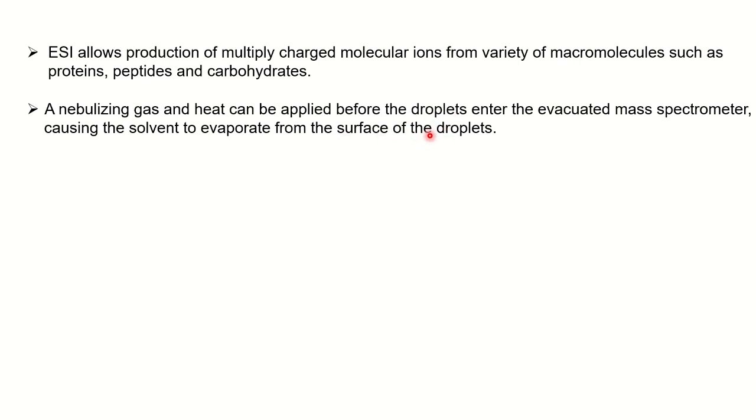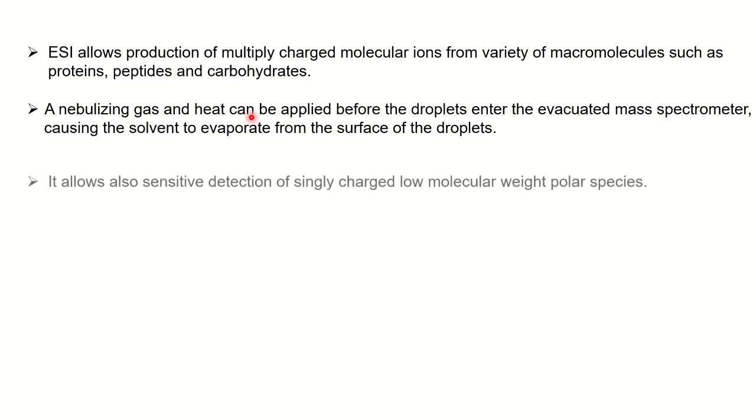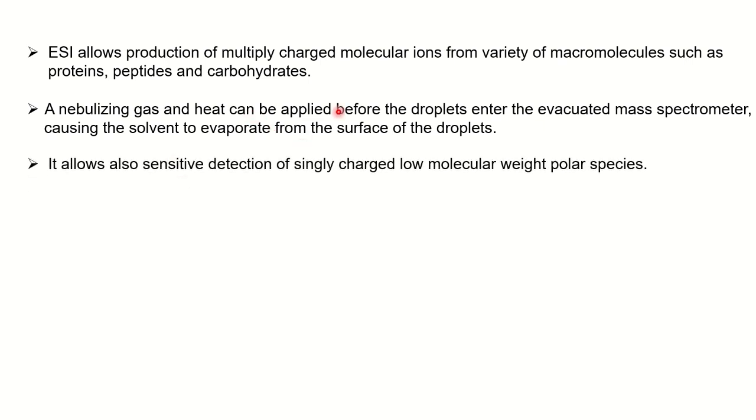So we have seen that multiply charged droplets coming from the Taylor cone, or from the tip of the capillary which has the solvent on it, will be evaporated with this nebulizing gas and heat, and the single charge will move towards the mass inlet. So basically this ESI allows sensitive detection of single charged low molecular weight polar species.